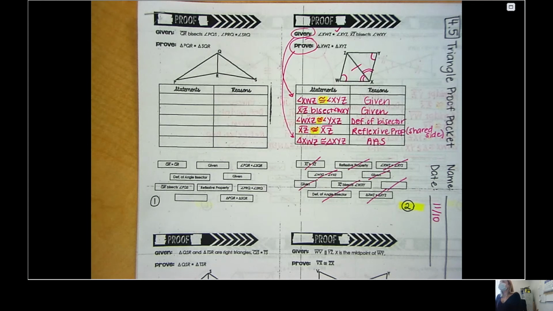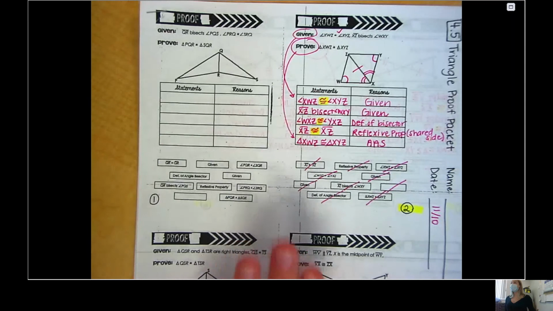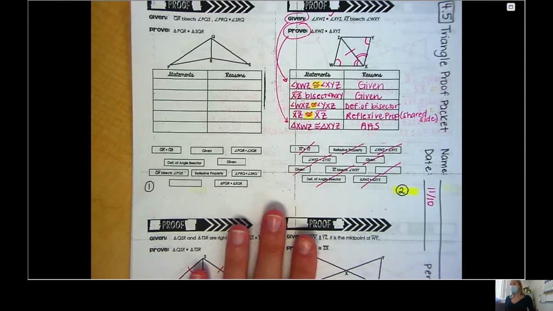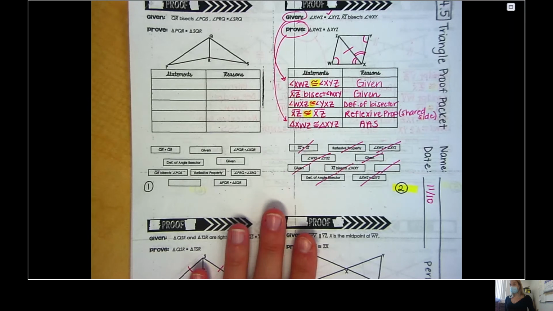So regardless of me being here or not, or you being in this room or another room, you are working on your packet no matter where you are, and you are checking your work with mine, which I will post online on Canvas tonight, okay? So if you want to do it all tonight and then just check it tomorrow, you could do that. I don't care. But regardless, it has to get done because parts of this are going to be on your test on Friday.